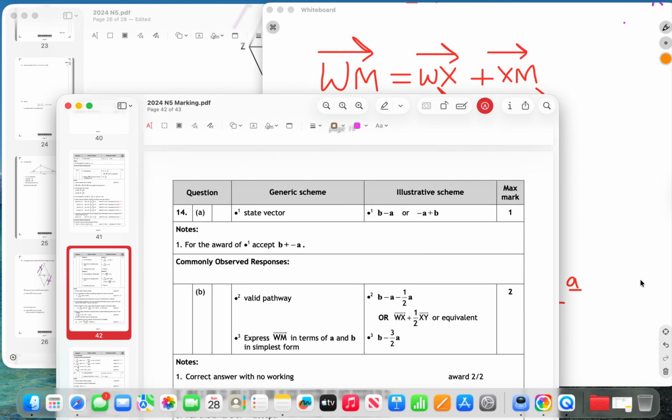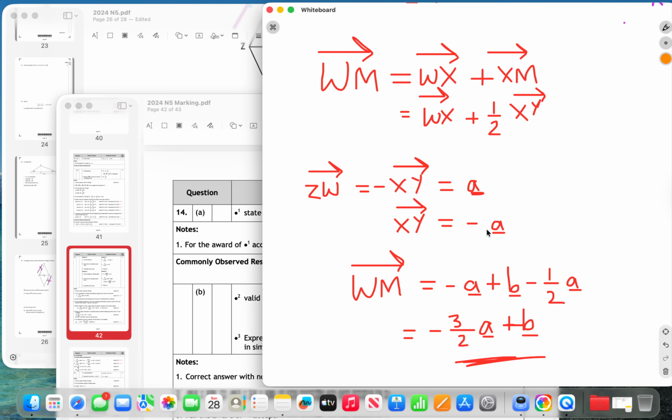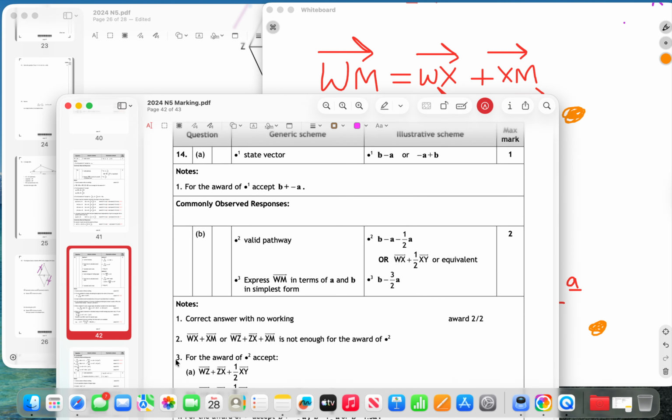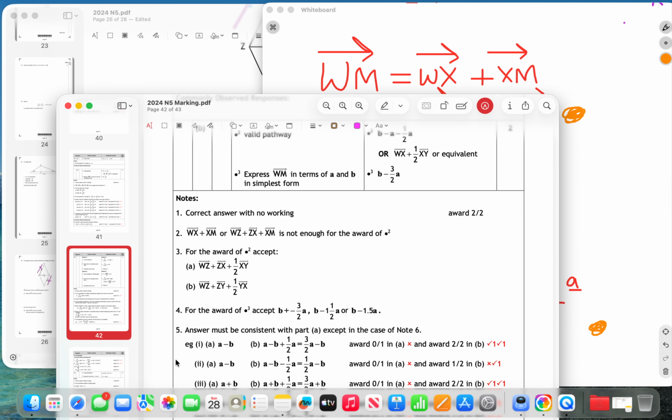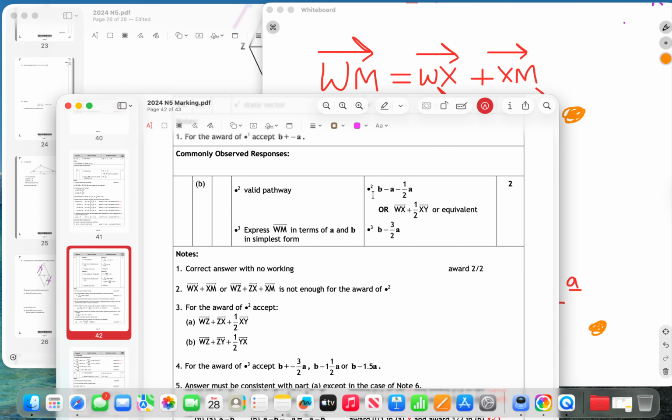There was not much room for negotiation with that one. So this one, you got 2 marks in this one. The first mark would be for getting a valid pathway. So getting this would be a mark, and for getting the final answer would also be a mark.